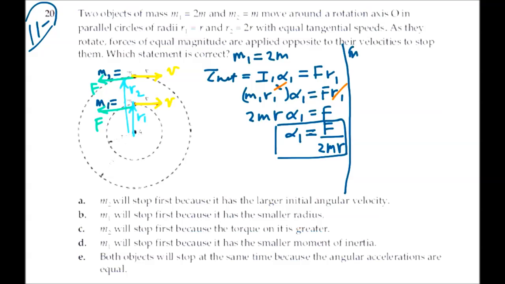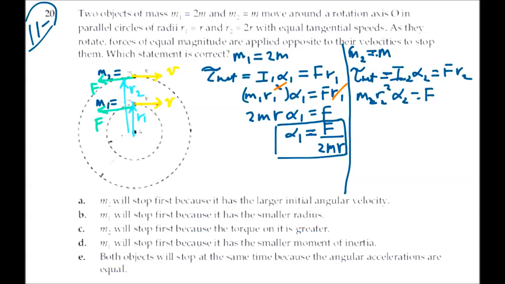For m2, which is equal to m, we have our net torque equal to moment of inertia I2 times alpha 2, and that is equal to F times r2. And we have mass 2, r2 squared, times alpha 2 is equal to F times r2.